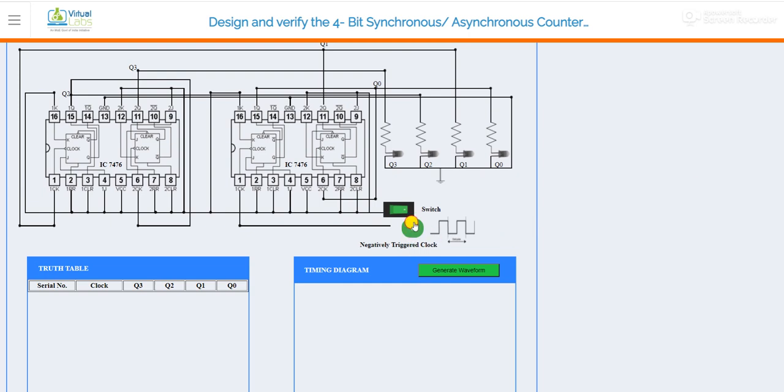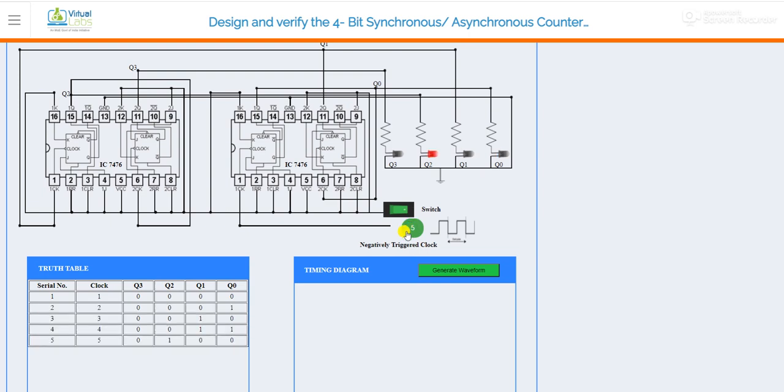Okay, so this is the output. Simply by clicking on this you can check what will be the values of the 4-bit asynchronous counter on a particular clock. In our theory classes we have already covered it with the help of waveforms.